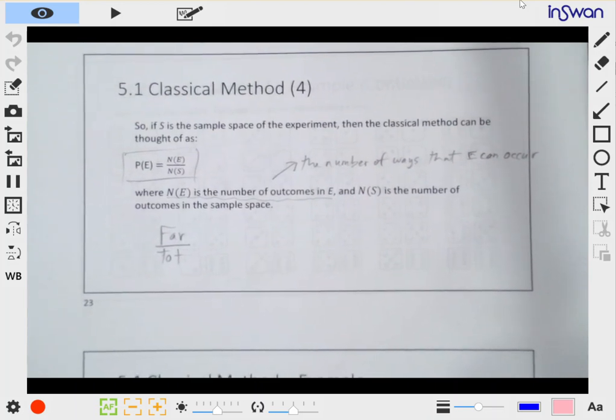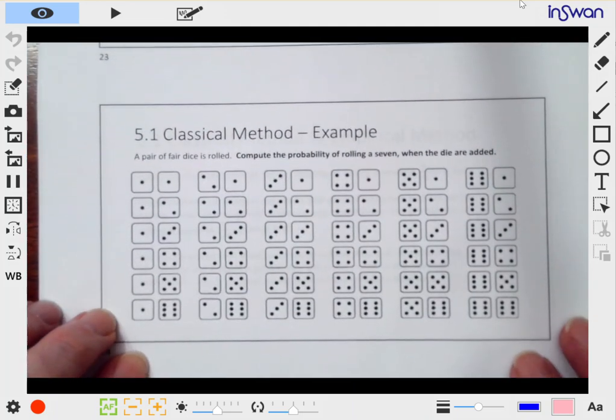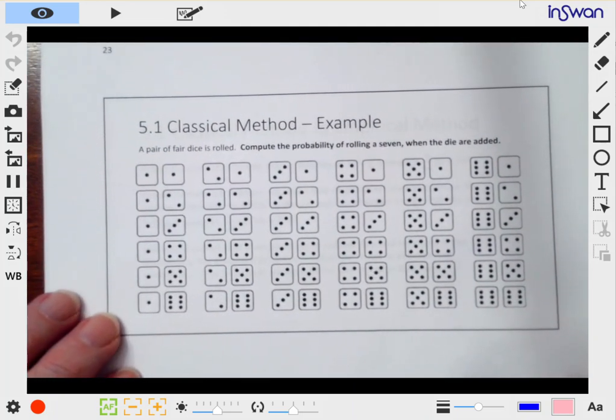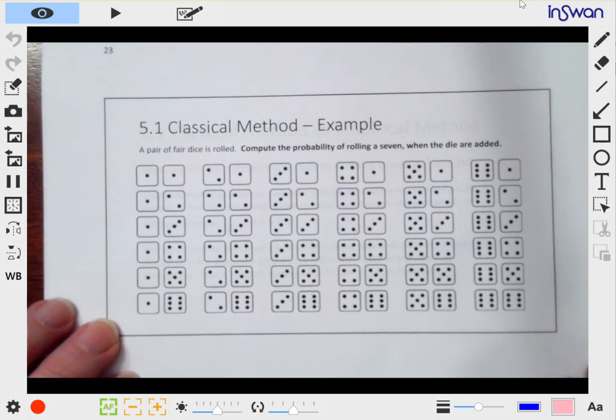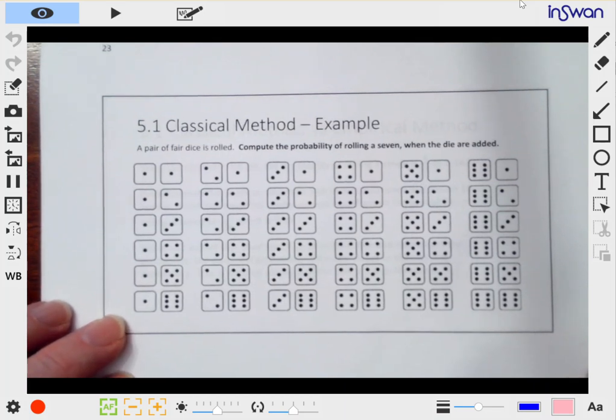All right, so let's look at another example in the classical method. A pair of fair dice is rolled. Compute the probability of rolling a 7 when the dice are added. This is actually part of a game, craps, in gambling games.